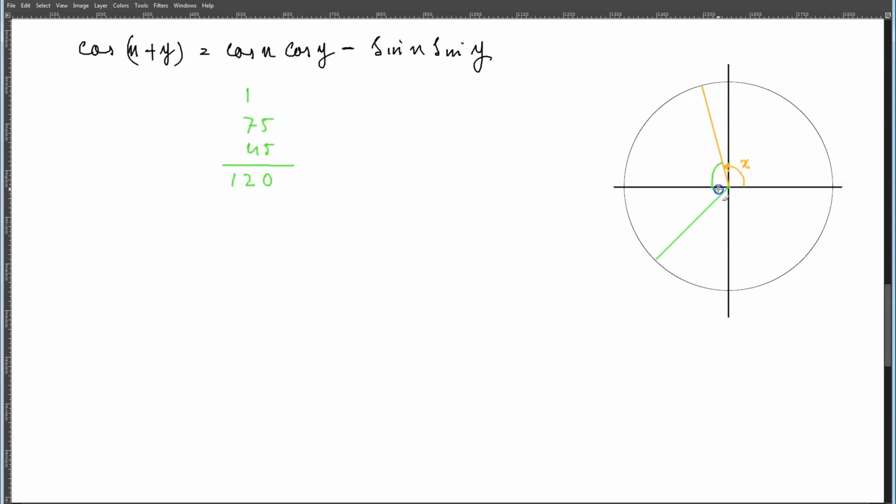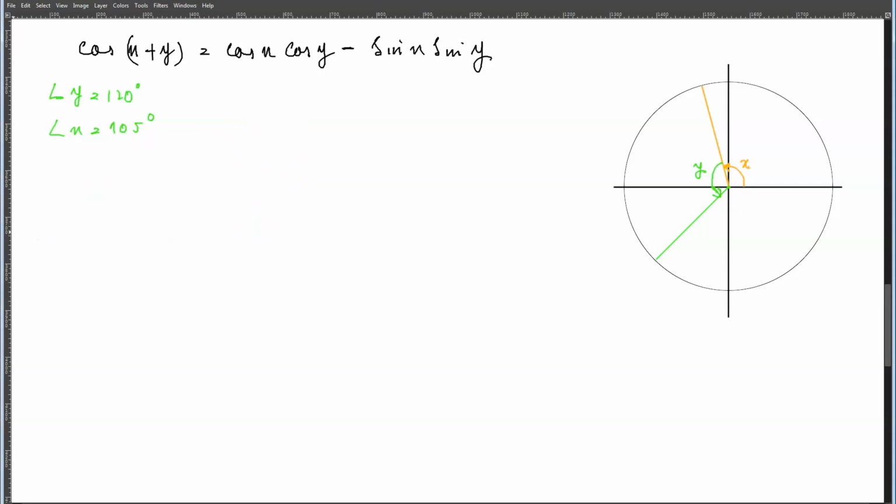So this angle over here is angle y, and the measure of the angle y is equal to 120 degrees. In case we need them later, the measure of the angle x is 90 plus 15, which is equal to 105 degrees.